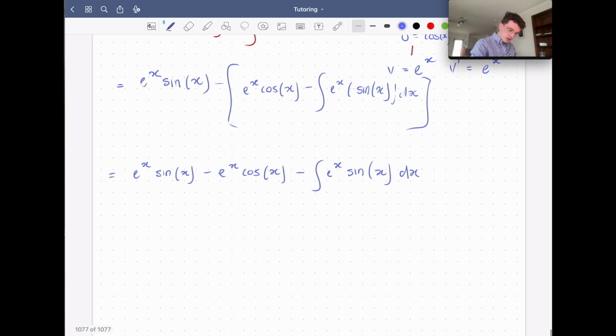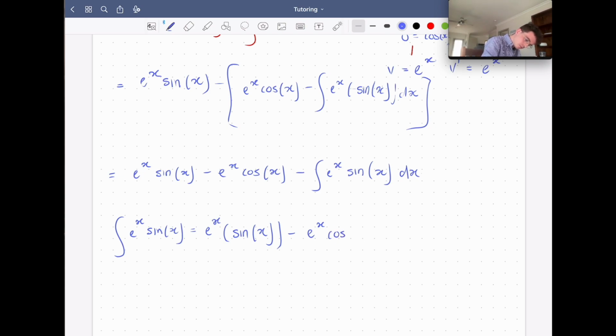So the original question was to find the integral of e to the x sine of x. And we're told that it's equal to e to the x sine of x minus e to the x cos of x minus the integral of e to the x sine of x dx.